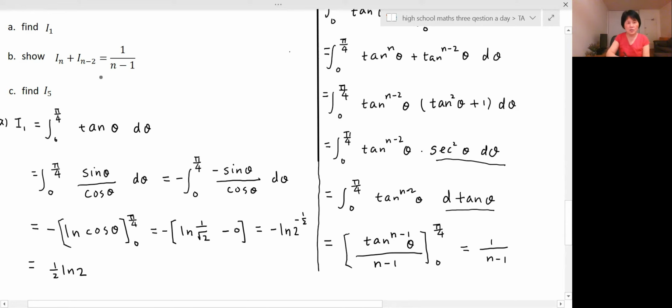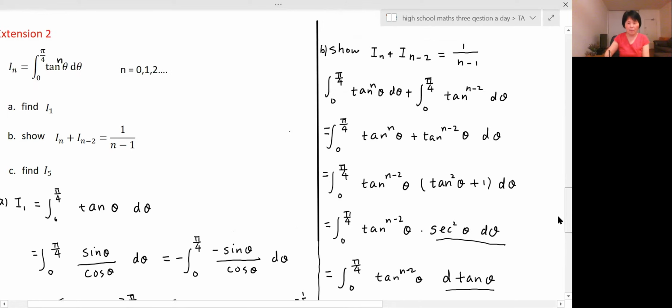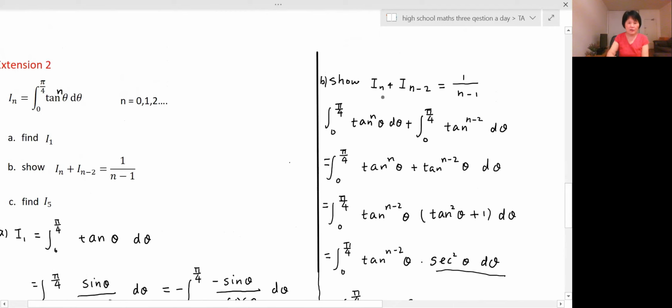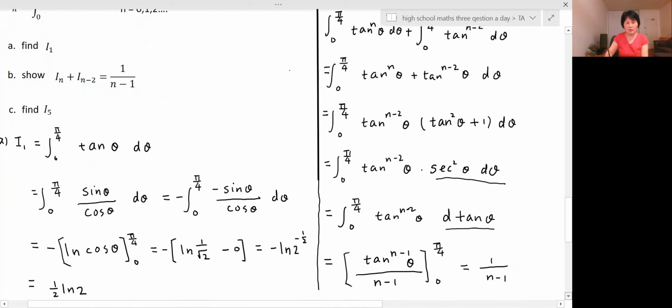Okay, so the question needs us to show In plus In minus 2 equal to this, which I already showed. I start from the left-hand side. In is this one, plus In minus 2 is this one. Then I continue and I can get this one, okay.